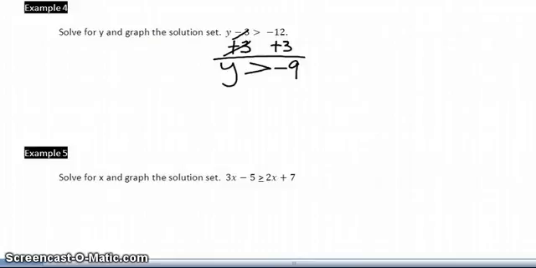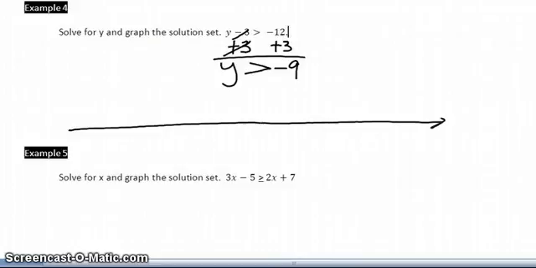Now, to graph this, when we have just one variable, we're going to use a simple number line. I'm going to put 0 in, negative 5, negative 10, and negative 9 is right here.